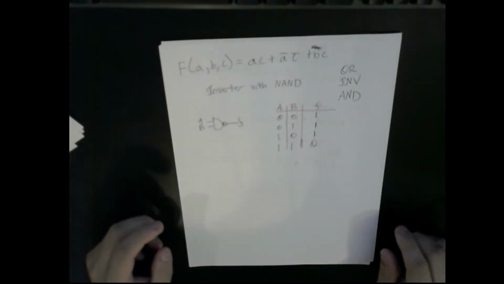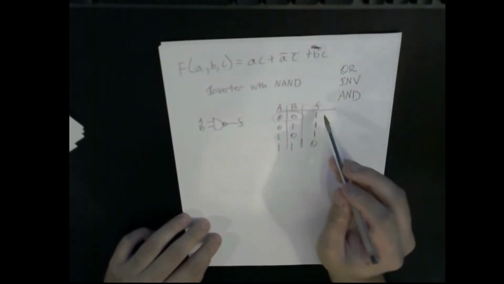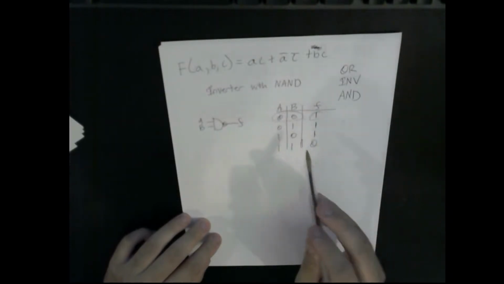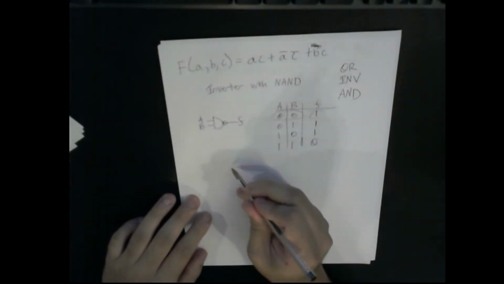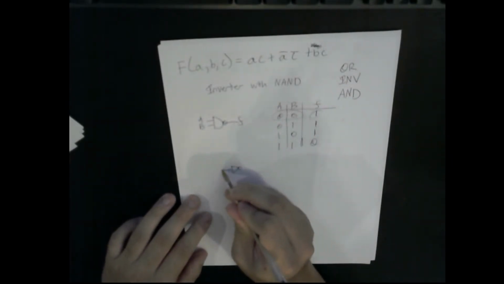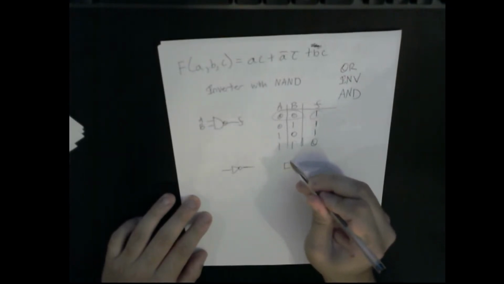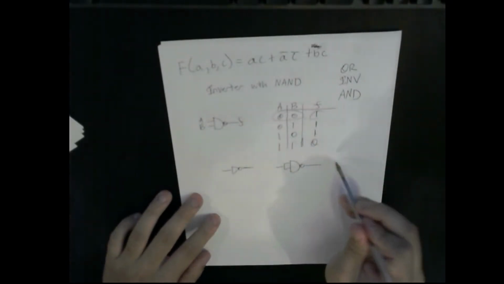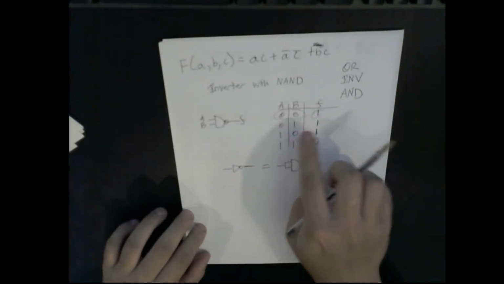The thing of note here is to look at what happens when A and B are the same. If A and B are both 0, the output's 1. And if A and B are both 1, the output's 0. So what does that mean? That means that making an inverter is the same as tying the inputs of a NAND gate together. These are the same circuitry. These are equal to each other. That's how we reason through this.